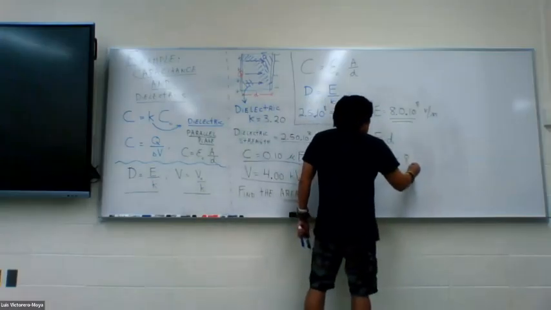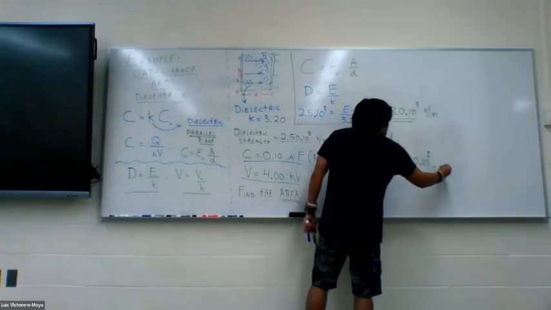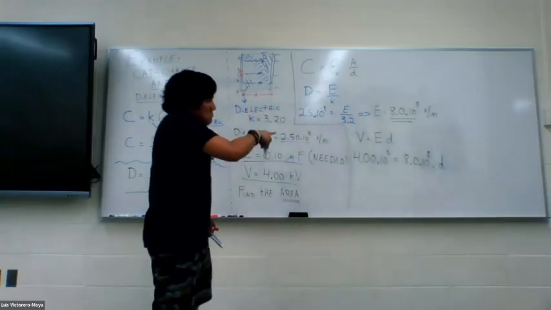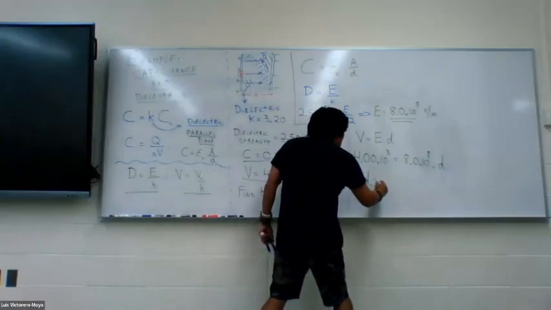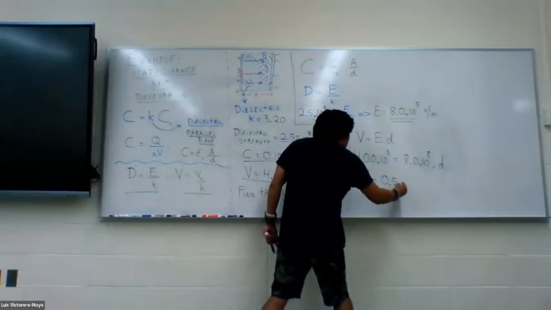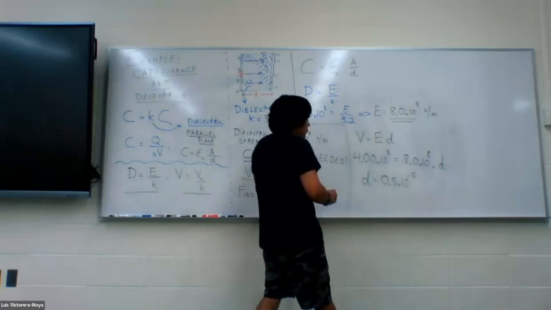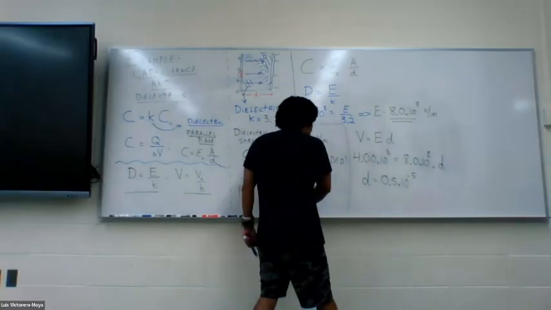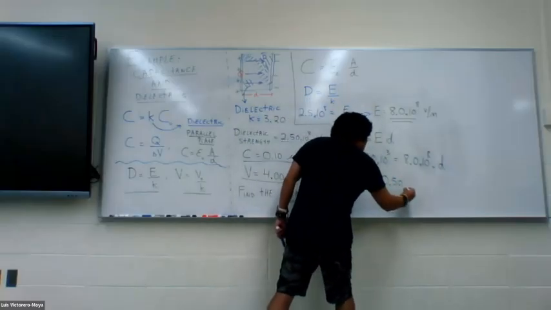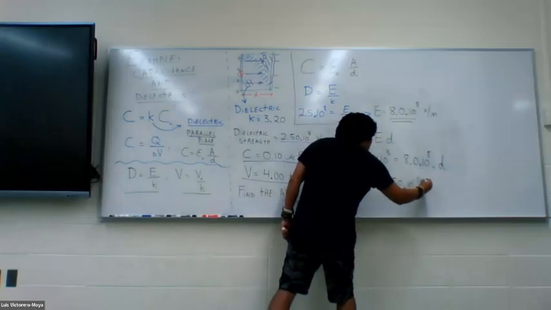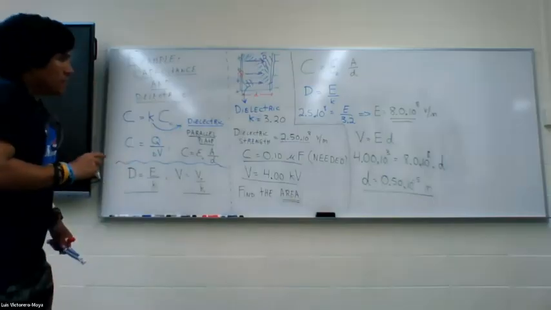That's 8 times 10 to the 8 times the distance. Now, if I do the math here, the distance is 0.50 times 10 to the negative 5 meters.